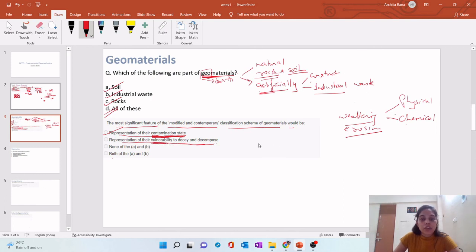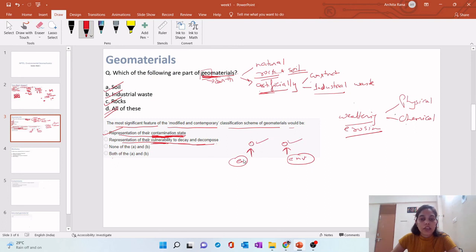For example, let's say there are two rocks of the same type, but they have different environmental conditions. One factor is how a change in environmental condition could affect the rock.